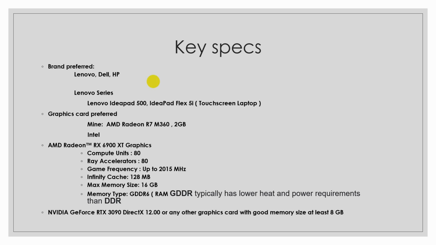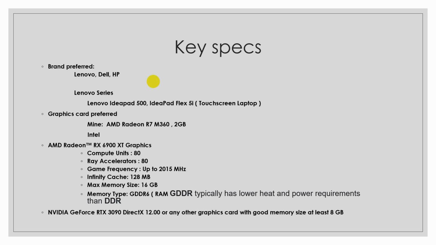This type of processor and many more specs need to come, like the graphic card. If you talk about the graphic card, mine is AMD Radeon R7 M360. It has a graphic memory size of 2 GB. I recommend going for a higher memory size for the graphic card.